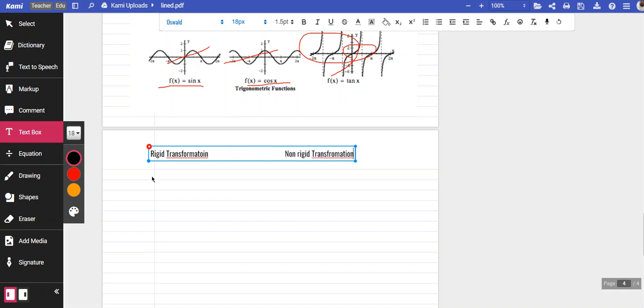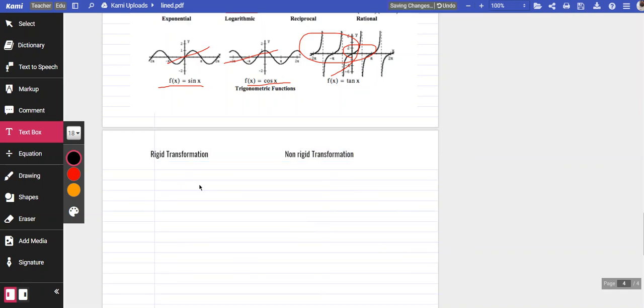Now, what's the difference between a rigid transformation and a non-rigid transformation? A rigid transformation changes the position or the orientation. Examples of a rigid transformation are a translation, which is a slide, or a reflection.